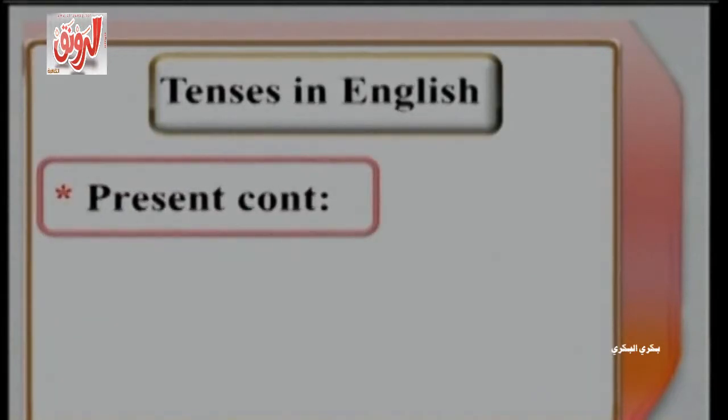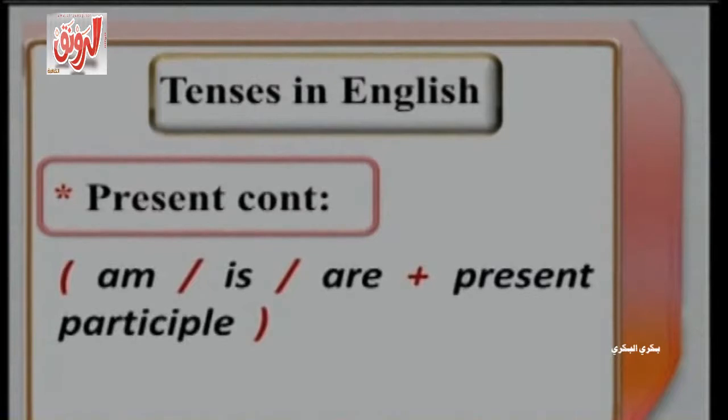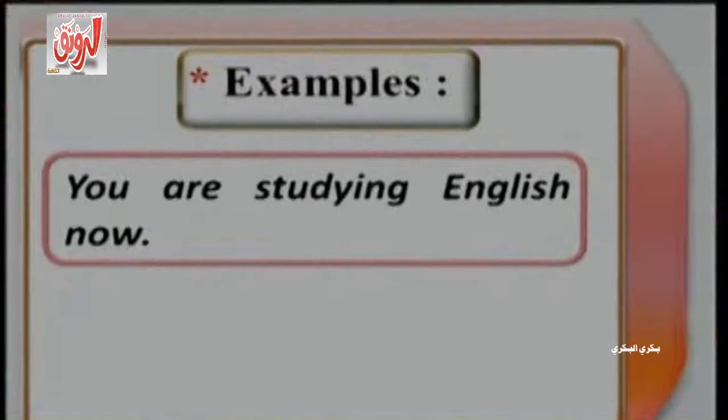Also, we move to the present continuous tense. See how your action is made from the verb to be plus present participle. The verb to be is am, is, are, plus present participle. See the example here. You are studying English now. Here are is the verb to be, whereas you is the subject of the action.